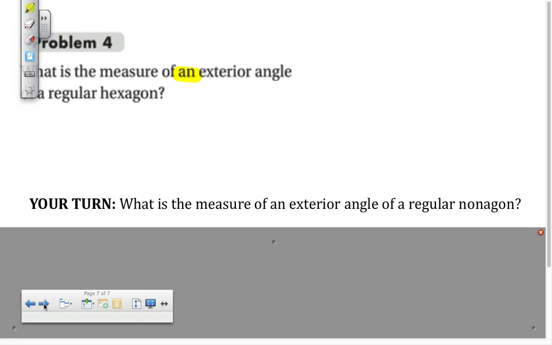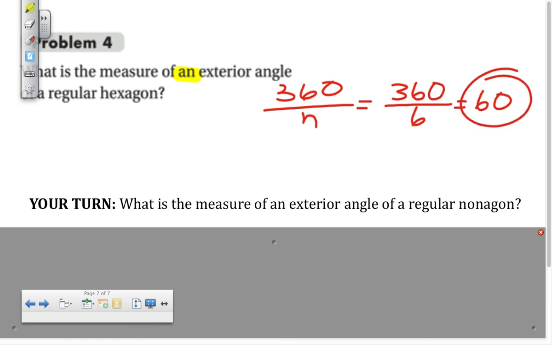So let's use that. In our last example, in problem 4, we're asked for the measure of one exterior angle in a regular hexagon, which has how many sides? Thank you. So 360 divided by n becomes 360 divided by 6, which is just 60.